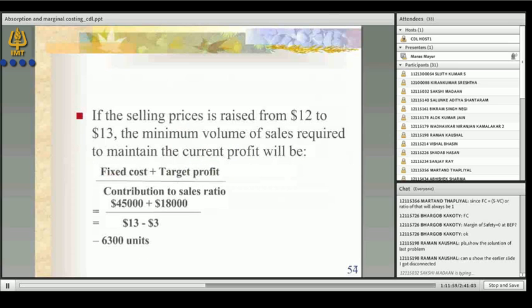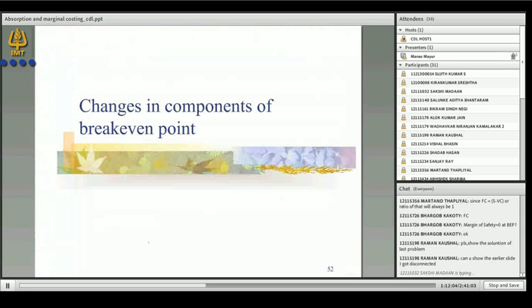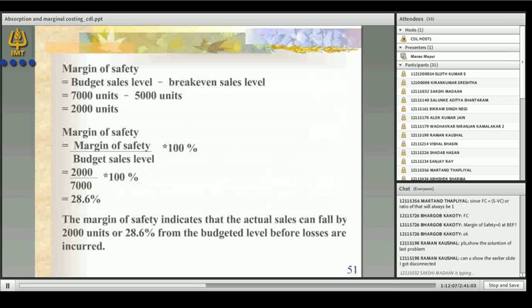If you remember, we started with absorption costing and marginal costing. Absorption costing we did not take further because that was the traditional way of finding out the total cost, where all fixed cost and variable cost were included to calculate profitability.